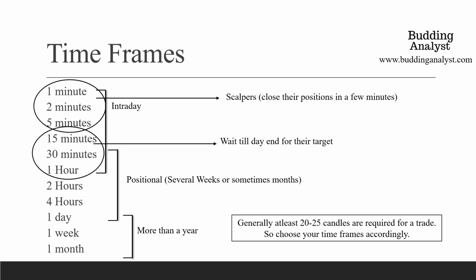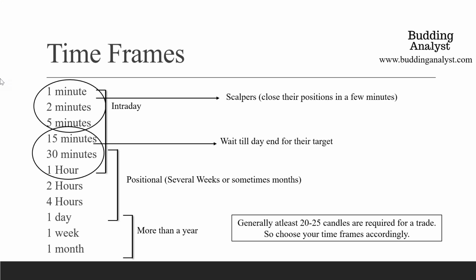When my target is intraday, when I'm buying and selling after a few minutes or a few hours, I'll generally use smaller time frames. If I believe that my profit target level will be reached after half an hour, I'll set time frames of 1 minute, 2 minutes or 5 minutes.